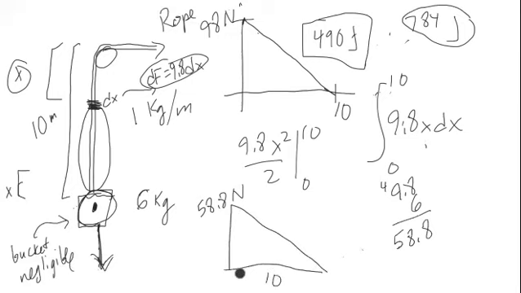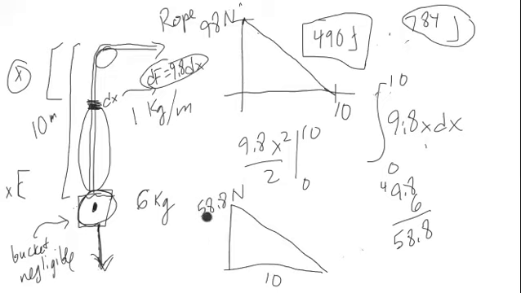So we're just looking for the area of this triangle, which we can get by multiplying these two together and dividing by 2, or just taking 1/2 of this and then multiplying by 10.